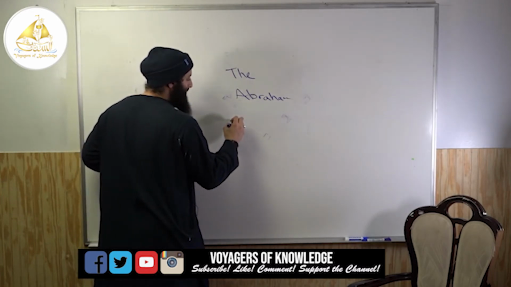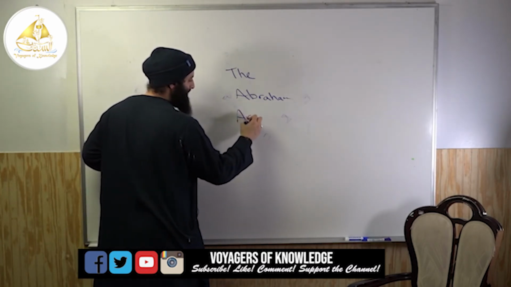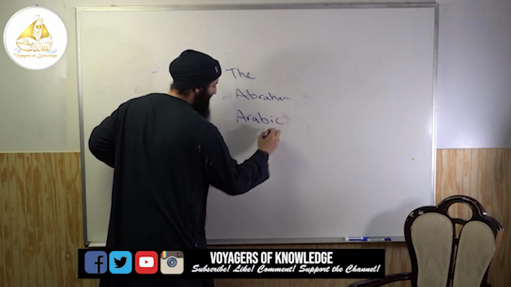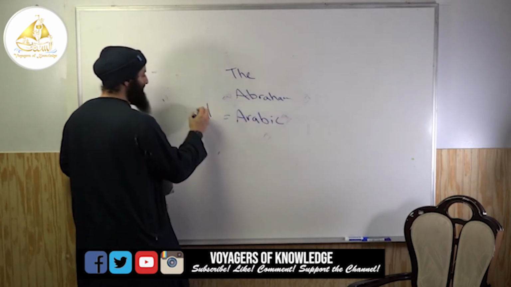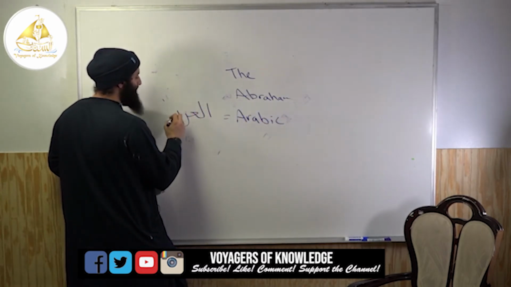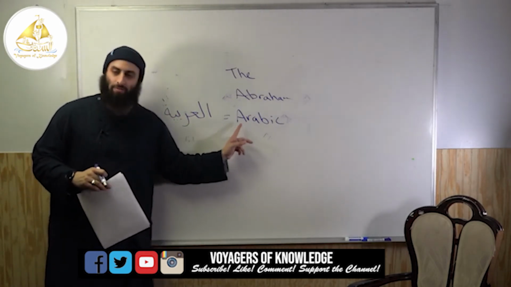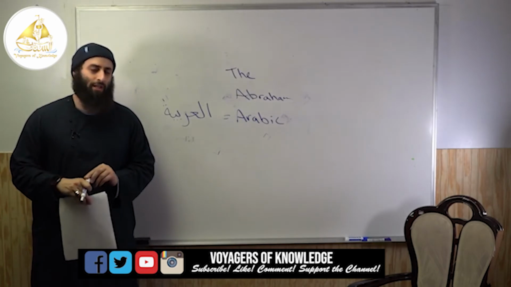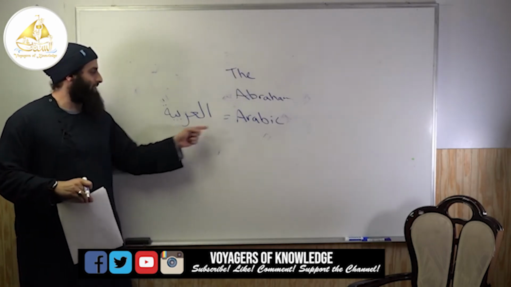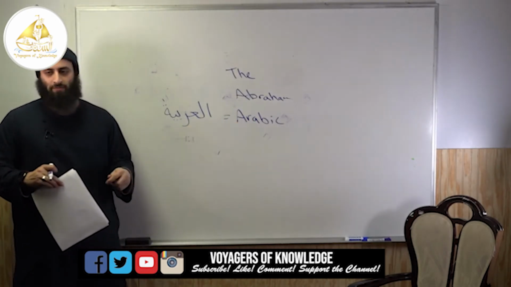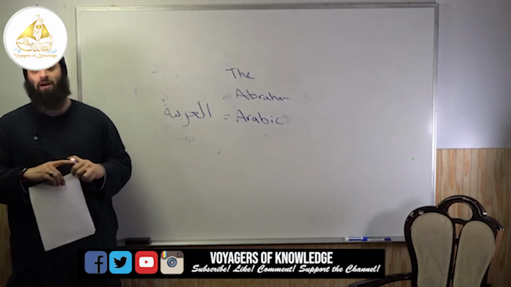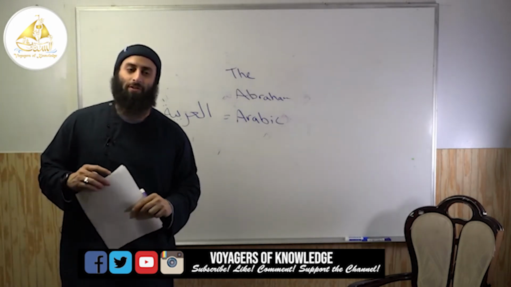So al-Arabiya is capitalized Arabic, and this would just be simply al-Arabiya. This capitalization is because you can't say the Arabic in English. That's why it's specified here. And you have to start out by saying al-Arabiya first.